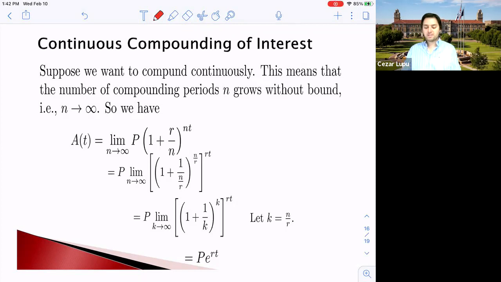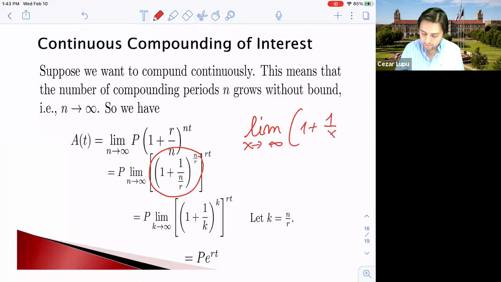And we can write this in a fancy way. I will write this limit in the following way, because this guy will converge to e. Remember, the limit as x approaches infinity of 1 plus 1 over x, everything to the power x, is e.